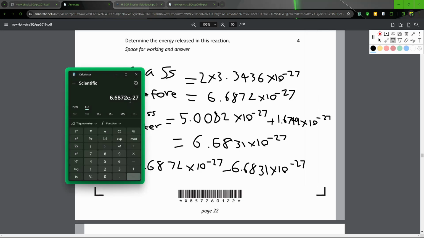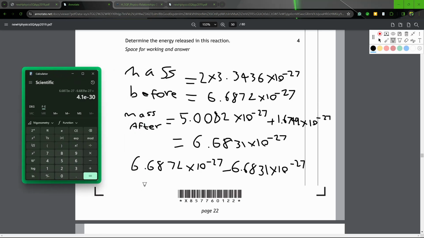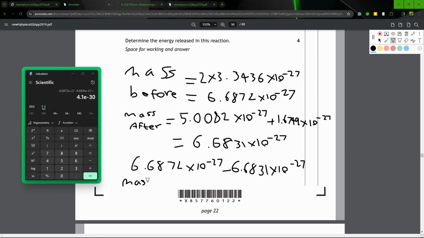Yeah, it's really worthwhile keeping these in your calculator. Hit that button and we end up with mass loss equals 4.1 times 10 to the negative 30 kilograms. And would you believe it or not, folks, that is the first mark of the question.